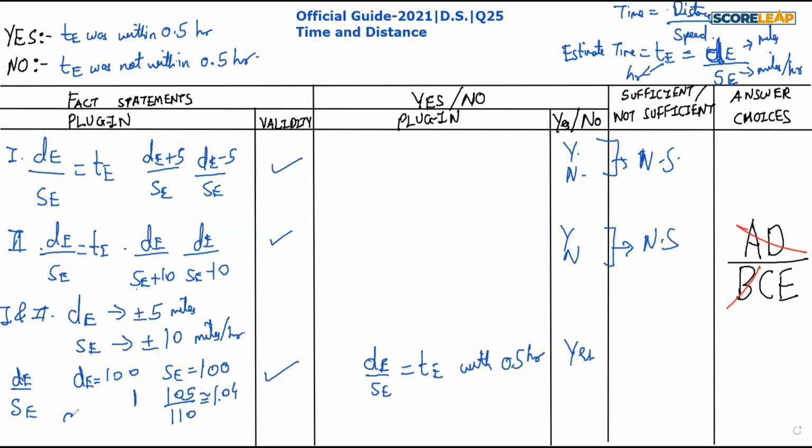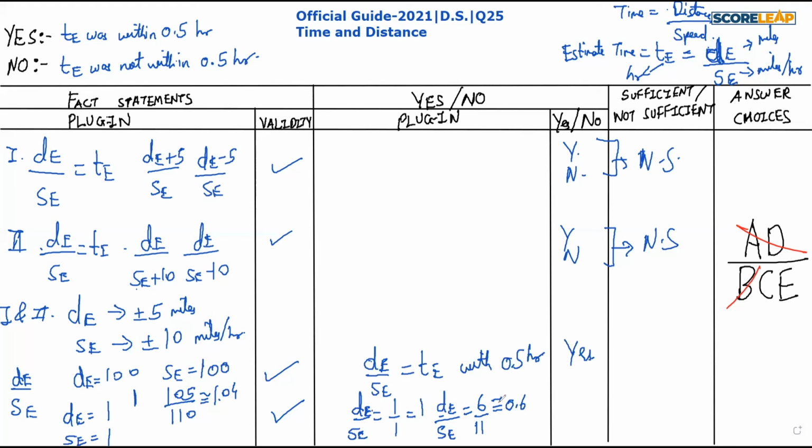But if I take DE as 1 mile and SE as 1 mile per hour, validity check is done. Now DE by SE is 1 by 1, which is 1. But if I add 5 to the numerator and 10 to the denominator respectively, then I get 6 by 11, which is approximately 0.6.